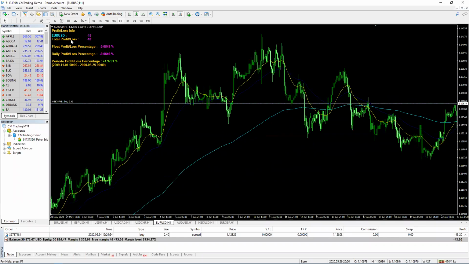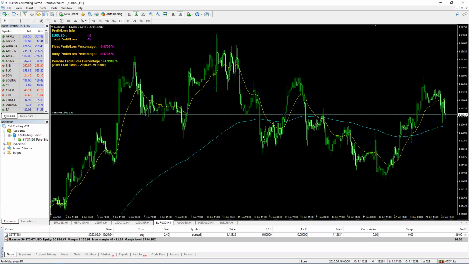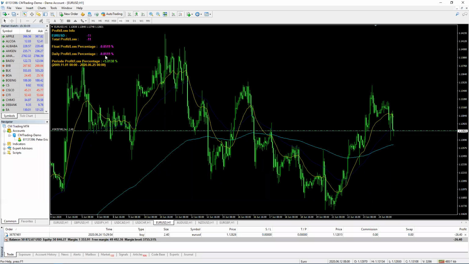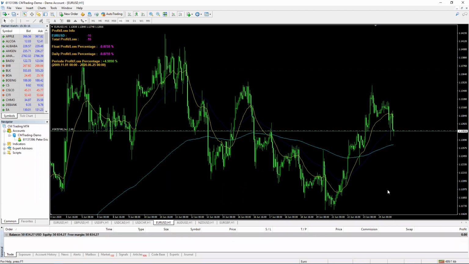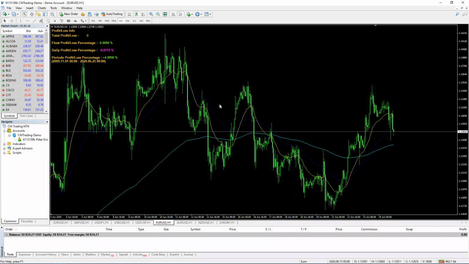Okay. So you can see Euro USD profit. Yeah, profit and loss. I think total profit and loss in pips, if I'm not wrong. Then percentage, depending on whichever indicator you're using. Okay, so that is the advantage inakujanga na using MT4.